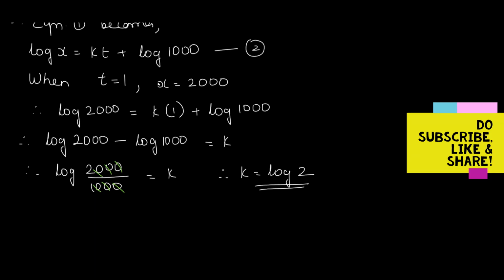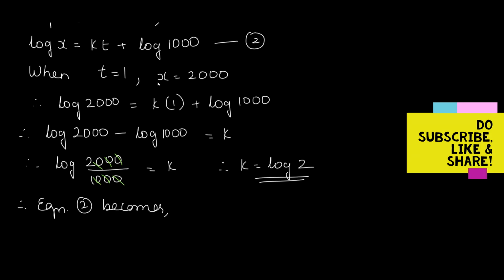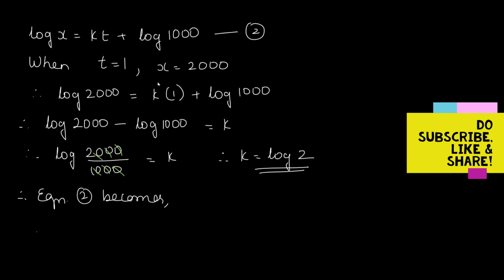Now we put this in equation 2, and therefore equation 2 becomes log x = t log 2 + log 1000.